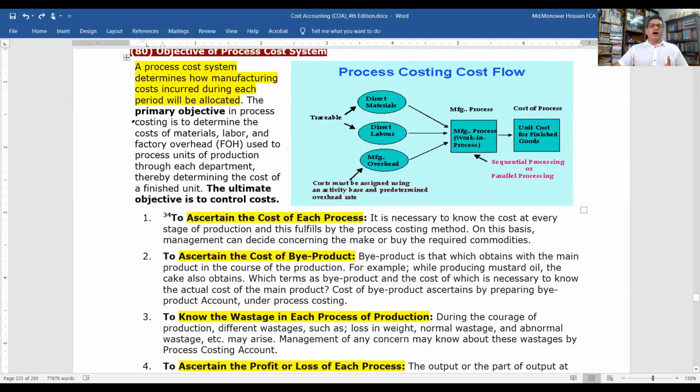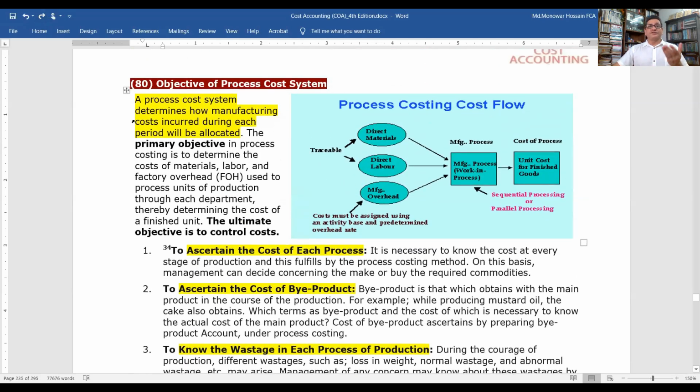So that is the main objective of a process cost system. Now, process cost flow: direct material, labor, the traceable cost, and manufacturing overhead are applied in the manufacturing process, and this is transferred to the process unit cost for finished goods.